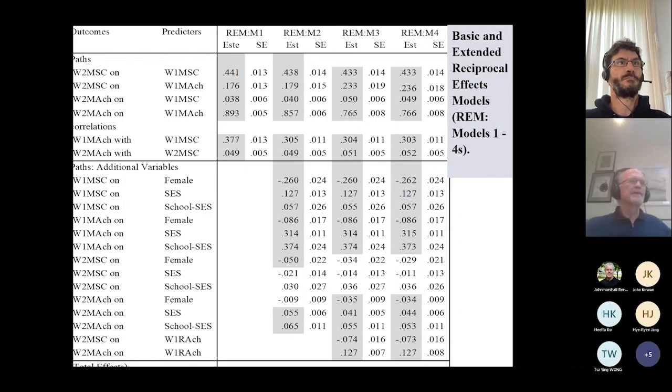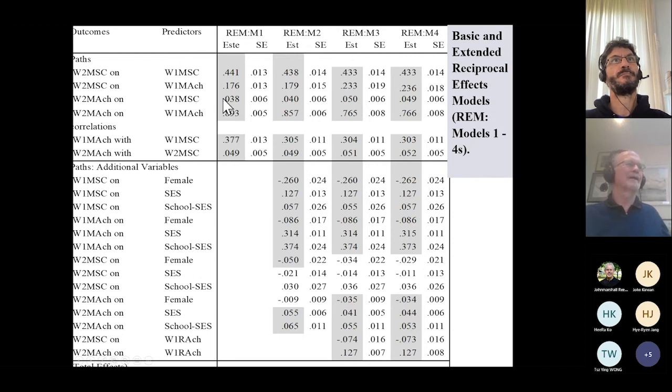So these are results for the 4 models. The effects are all significant in the right direction, although the stability paths are quite high for the achievement, but we saw that the test-retest correlation was 0.9, so of course they're very high.